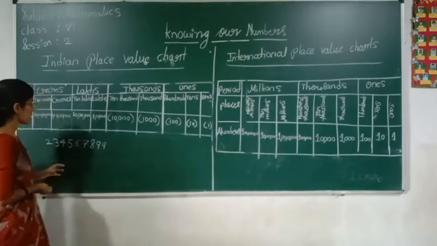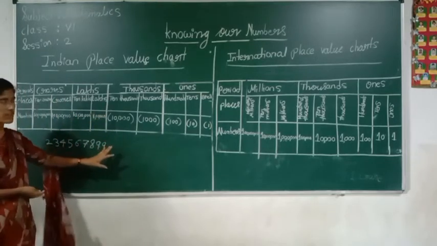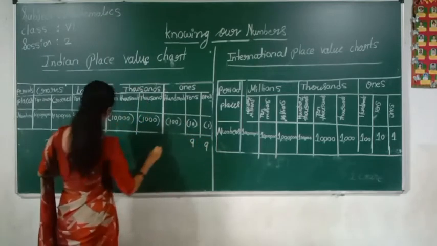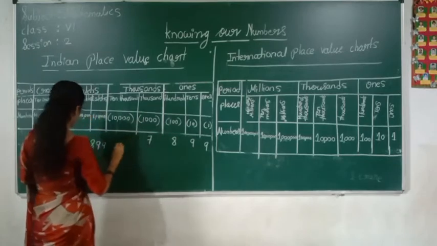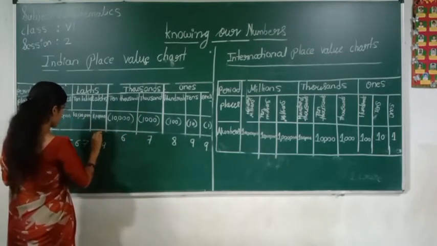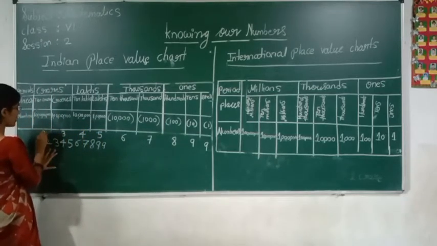Now suppose this number I am going to insert in a place value chart. Now what will it become? 9, 9, 8, 7, 6, 6, 5, 4, 3, 2.